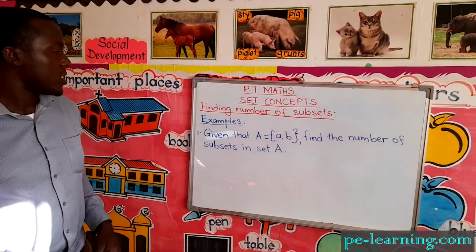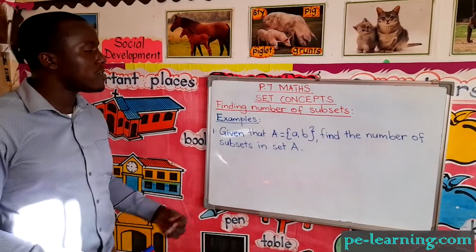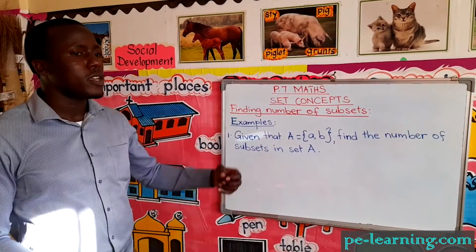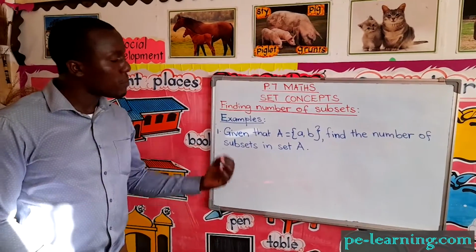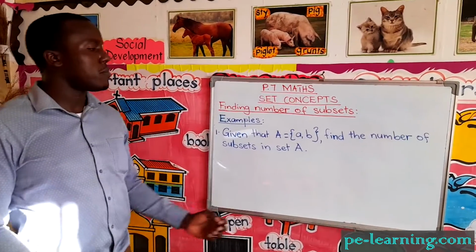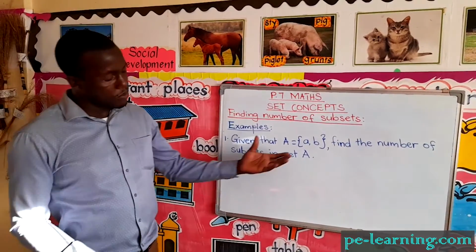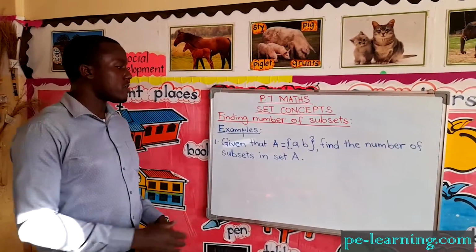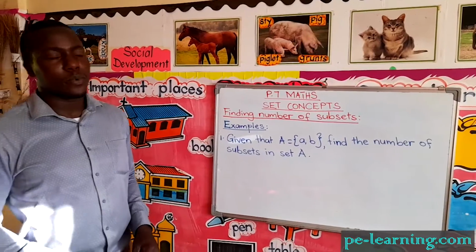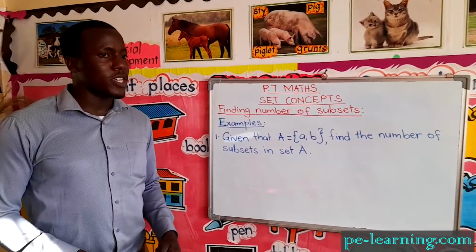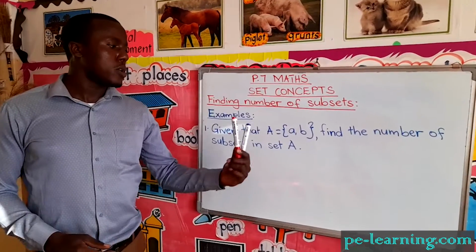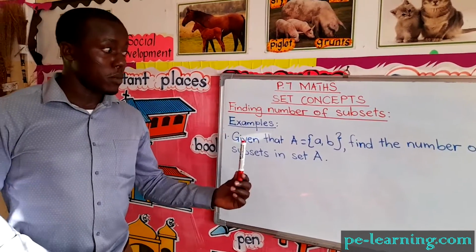So here, our subtopic is asking us to find the number of subsets, the smaller subsets that can be obtained from the given set. Let's look at our first example. Given that set A is equal to {A, B}.